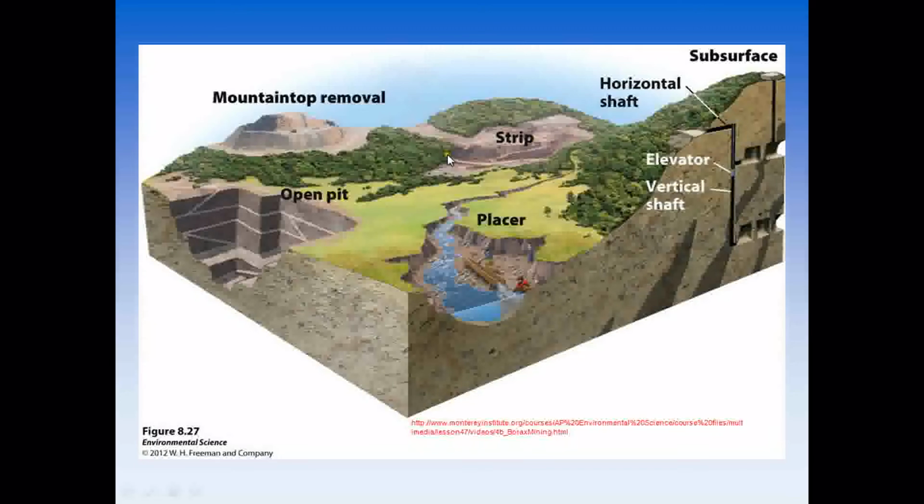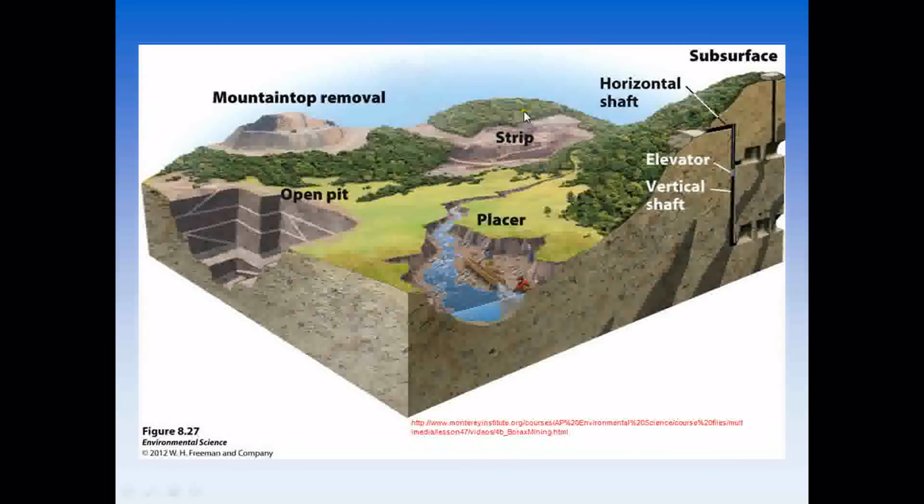Strip mining is digging into the side of a hill in strips like you just saw in that last video. Here's the mountaintop removal I was telling you about. Again, a nice picture of that, actually just digging starting at the top. Notice all of the habitat destruction that happens as a result of all this mining.